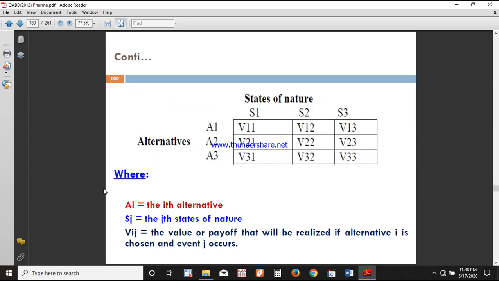The general format for decision theory is just like a transportation model. It is a division of rows and columns. The columns describe the states of nature, whereas the rows describe the alternatives available. From this table, you can observe there are 3 states of nature with 3 alternatives available.